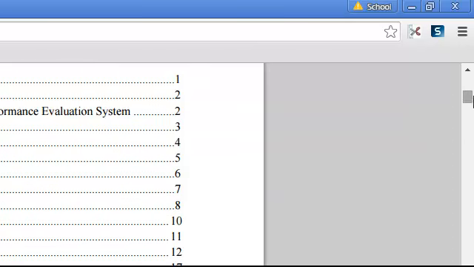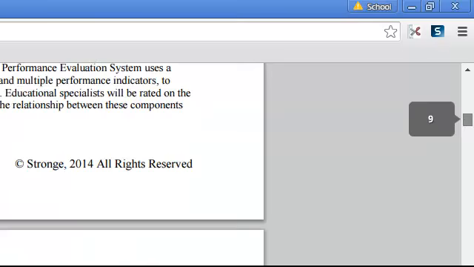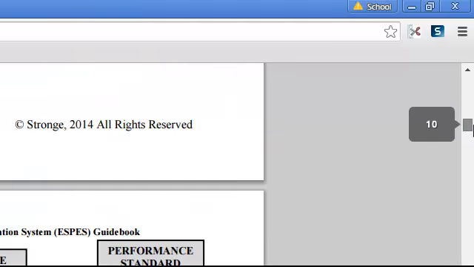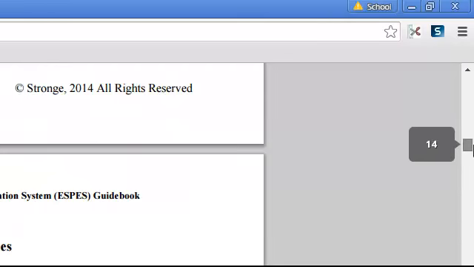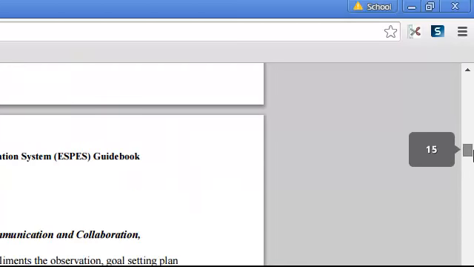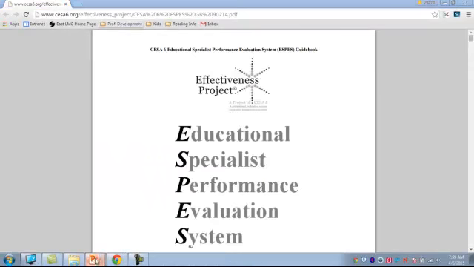As you can see here, standard number 2, where you will have to show artifacts of you and how you communicate with parents, students, and other staff. And you will be judged on a rubric on those. So it is a big, important part of our job. Must include required documentation. So you need a documentation log of the communication and collaboration that you do with parents and students and the like.